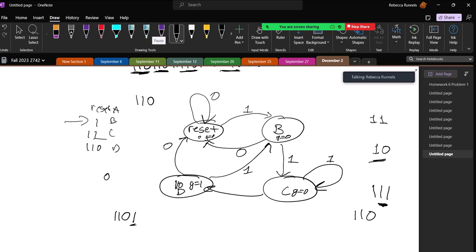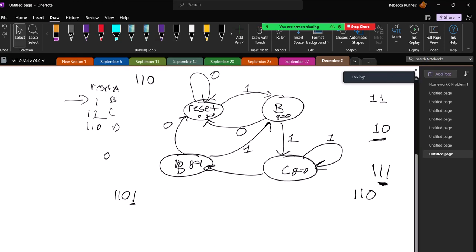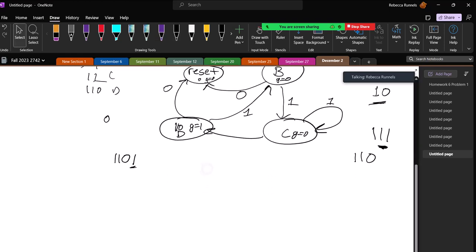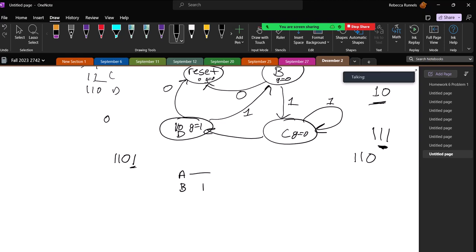So how do you know what number you're looking at once you get to the next state? Like how do you know if you're looking at the last two or the last one? It's how I defined my states. I defined my states as A was nothing, B was 1, C was 1, 1, and D was 1, 0. So if I'm at state C, then my two possibilities are 1, 1, 1 and 1, 1, 0.